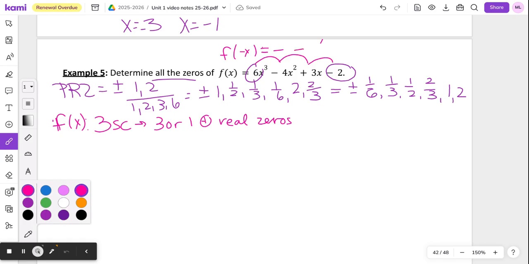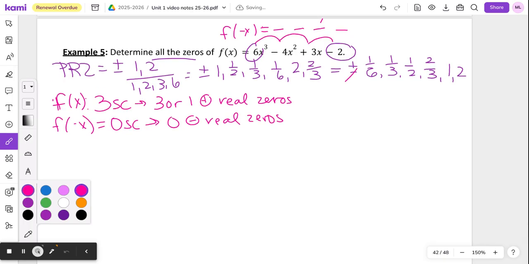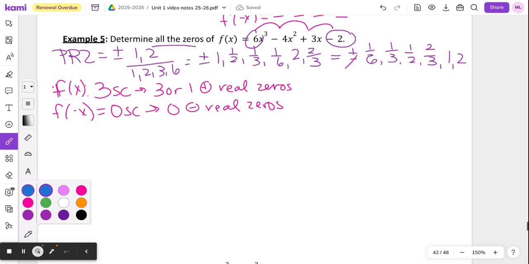We would have a negative in the front, a negative for the x squared, a negative for the x term, and a negative on the 2. They're all negative, so there's no sign changes. So that means there are 0 negative real zeros. Okay, so that means negative is out. It's only the positives of all of those that are possible.